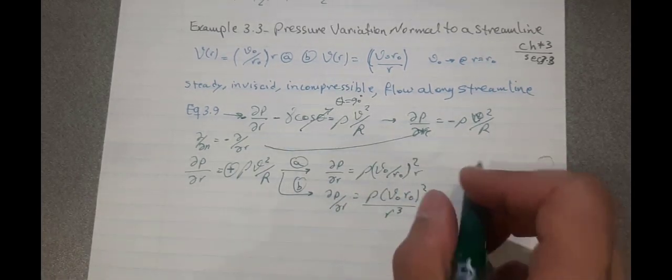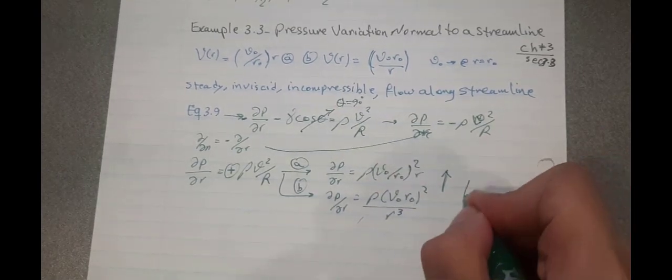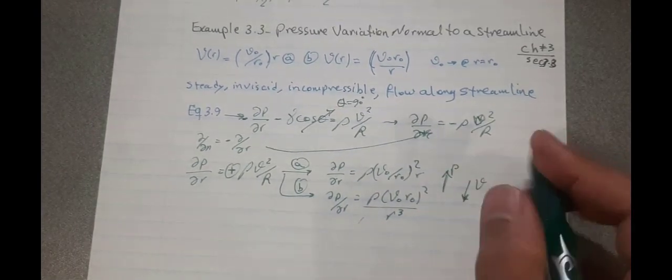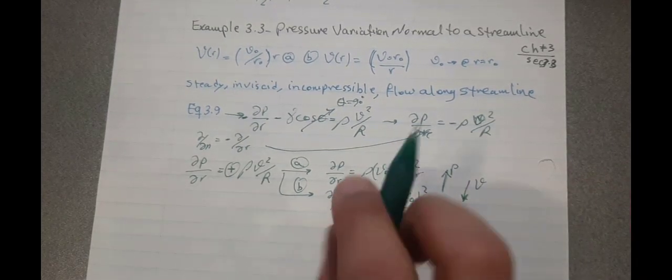As you see, the pressure goes up while the velocity goes down, according to the Bernoulli equation, to remain steady.